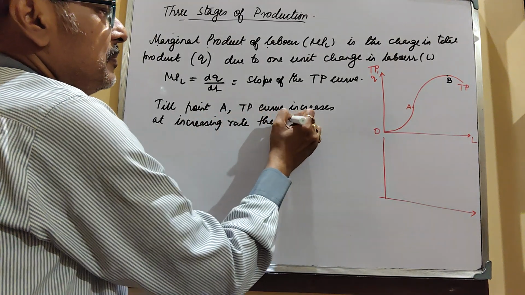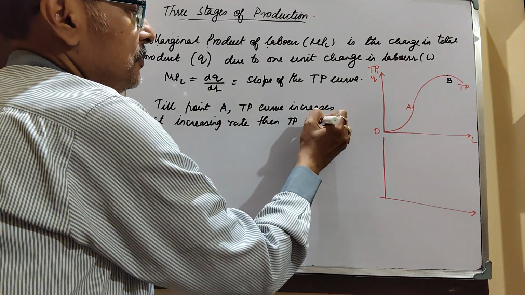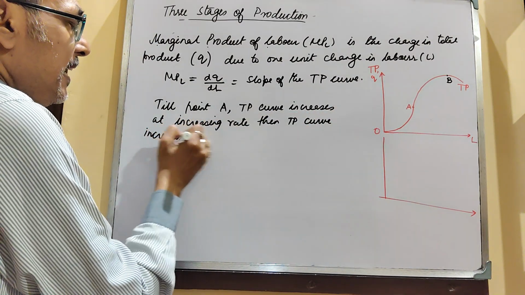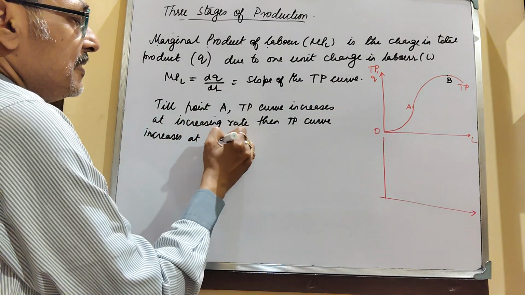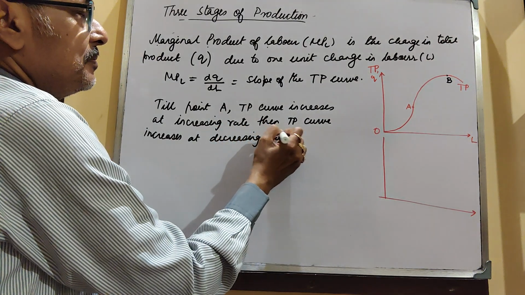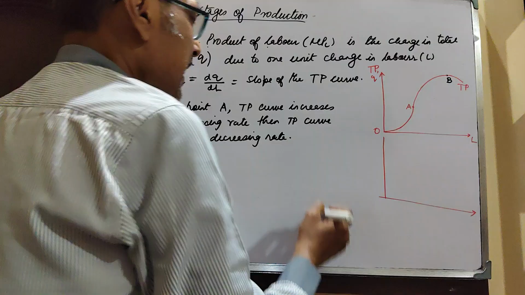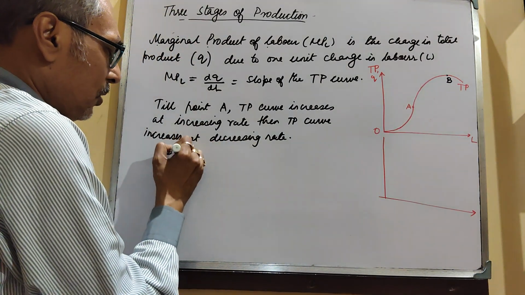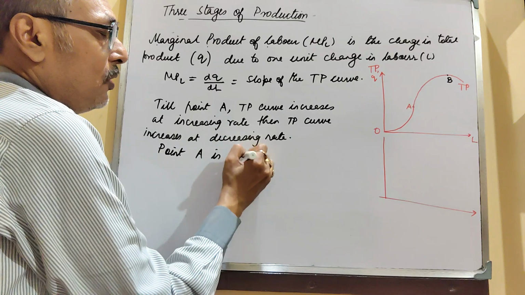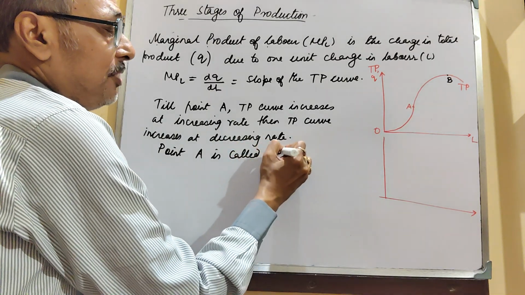Then TP curve increases at decreasing rate. Point A is called point of inflection.